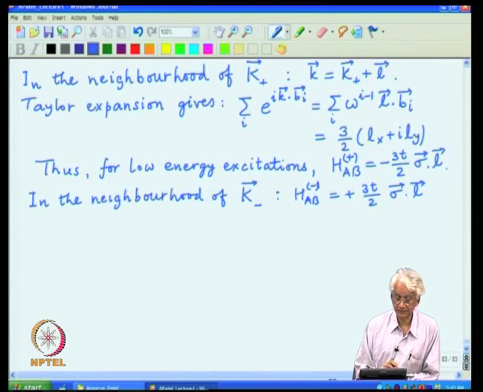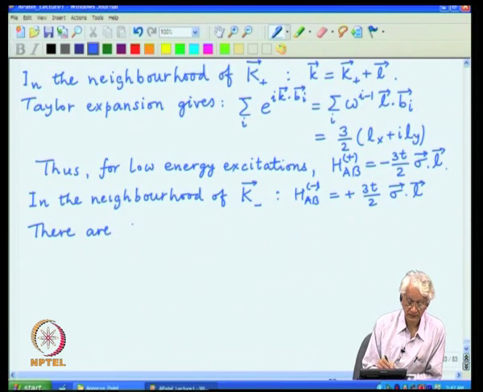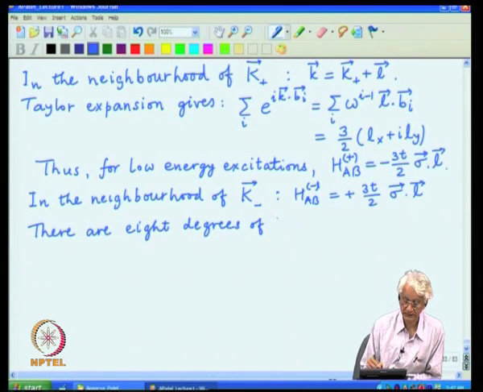So, this is the structure, and so there are totally 8 degrees of freedom in the real graphene system.